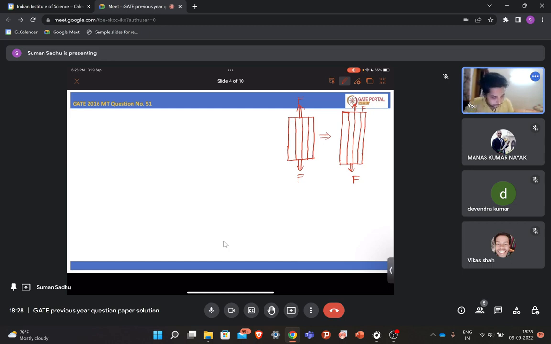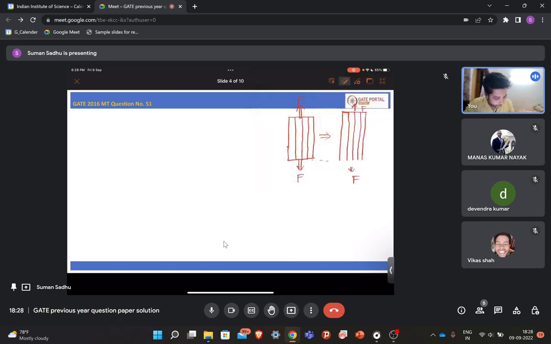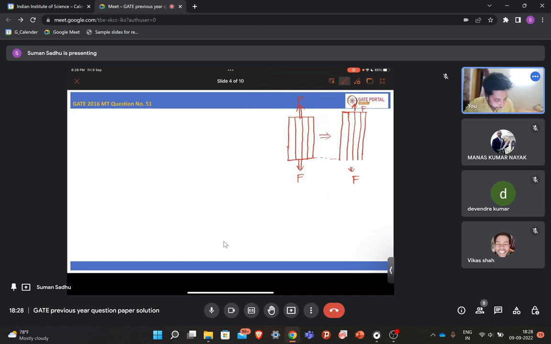Let's say this length change, delta L, is the same for the matrix and the same for the fiber, right? So what does it mean? What is epsilon?